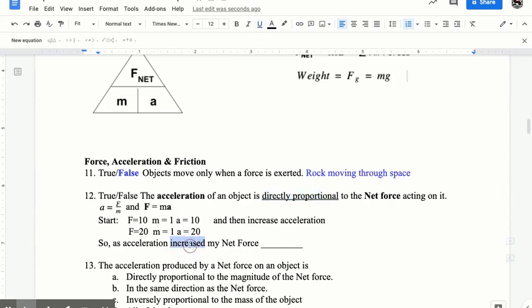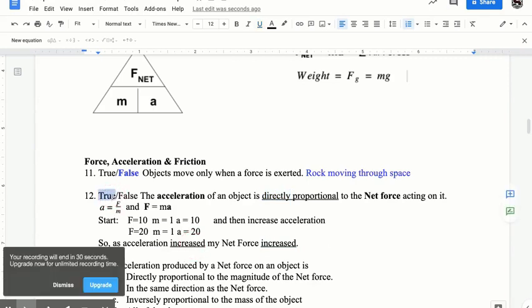If you have a word that goes increase and then increase, that is direct. Direct because it's the same thing. If you went from increase to decrease, let's say if I made this 20 and the force dropped to like 5 or 4 or 1, and the force went down, well, then now we're talking about the opposite. We're talking about inverse. But this is direct because it's increase, increase. And so I would say this is a true statement.